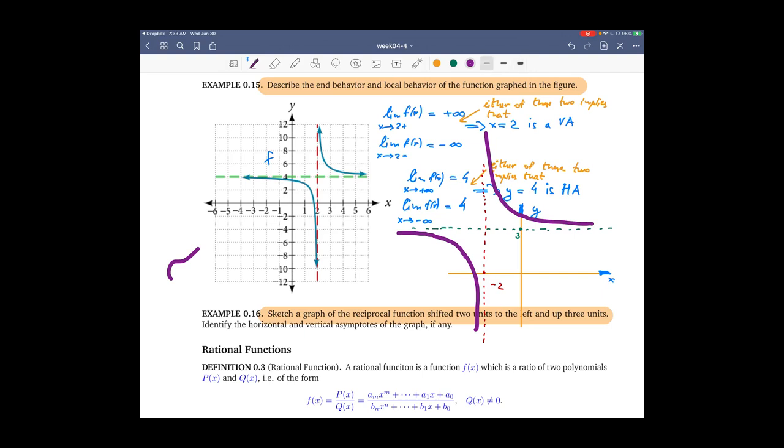And of course, the equation of this graph is y equals 1 over x plus 2, plus 3. The plus 2 instead of x makes for the horizontal shift by 2 units to the left, and the plus 3 makes for the vertical shift by 3 units upward.